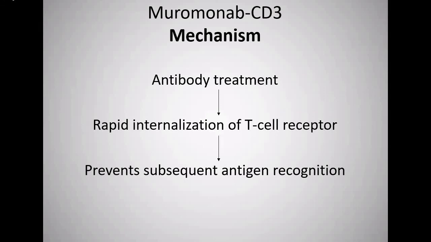So there is internalization of this receptor, so antigen will not bind it. When there is no antigen-antibody reaction, there will be no stimulation of the T lymphocyte. Finally, antigen is unable to recognize the T cells, and there will be no reaction.